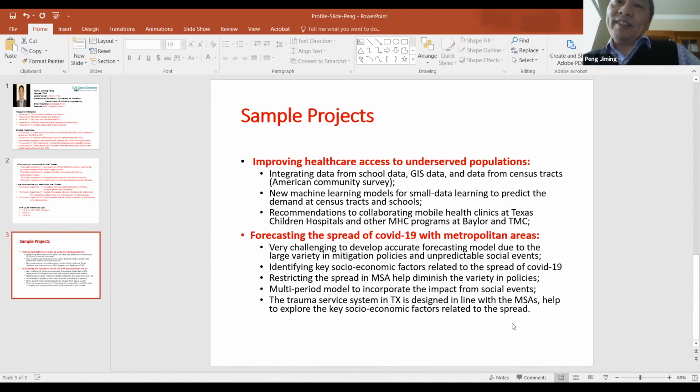Because I have been doing this kind of analysis using data from multiple sources, we find it relatively easy if we focus on the spread of the virus in metropolitan areas. Right now, we identify, for example, the biggest one is the NYC MSA.